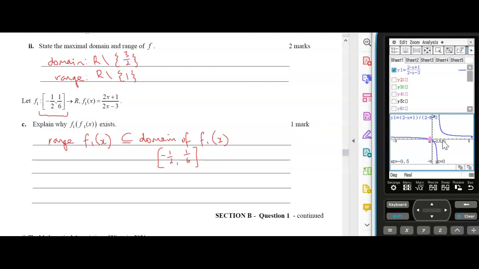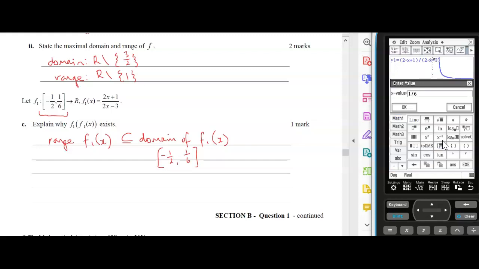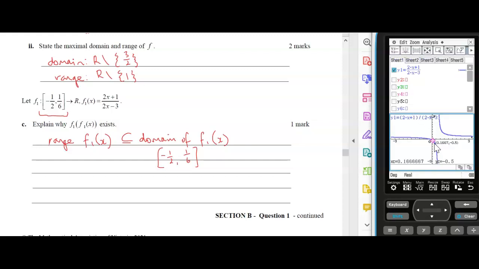And then let's substitute in 1/6 and I get y equals negative 0.5. So because 0 is the higher number, we've got to do negative a half first and then 0. So your range is going to be negative a half to 0, and that is a subset of the domain of f1.